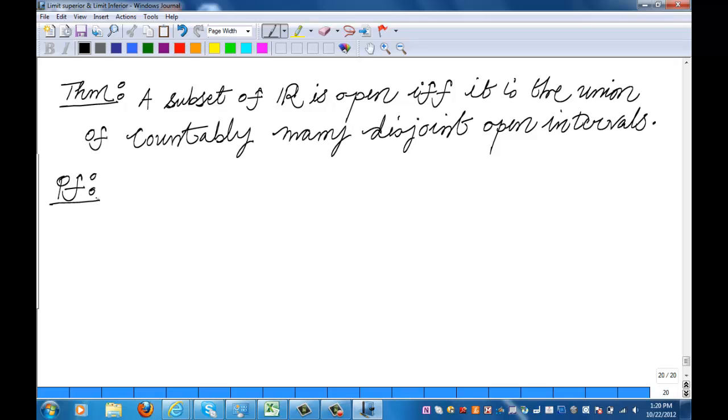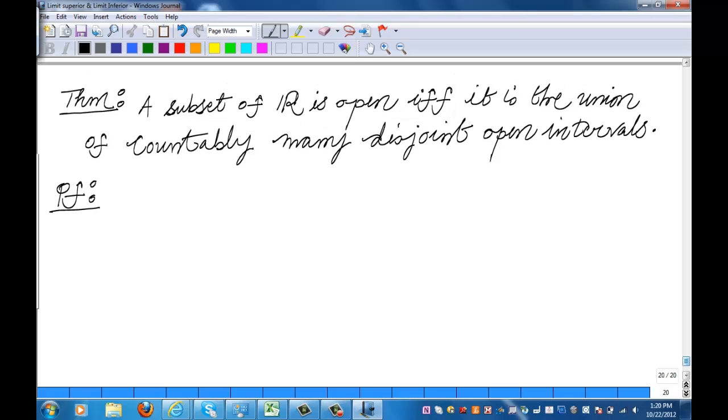So the union of countably many disjoint open intervals is of course open. So this way is done. The statement that we have to prove is the following: if A is an open subset of R, then A is the union of countably many disjoint open intervals. That's what we have to show.